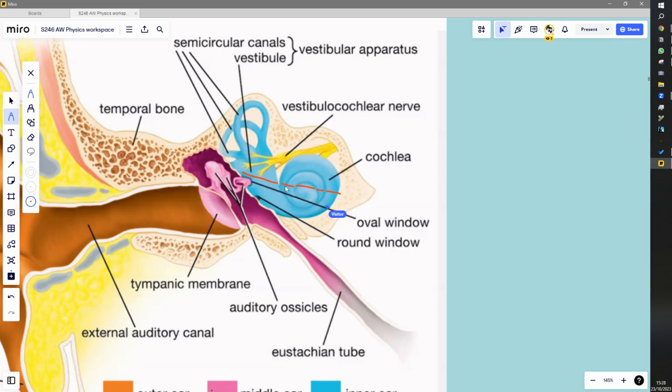These nerves and the hairs inside the cochlea are picking up where the liquid is, so it basically measures whether the liquid is high up here or high up here, or is it the same level everywhere? In which case you're upright. And so it determines whether or not you are about to fall over.